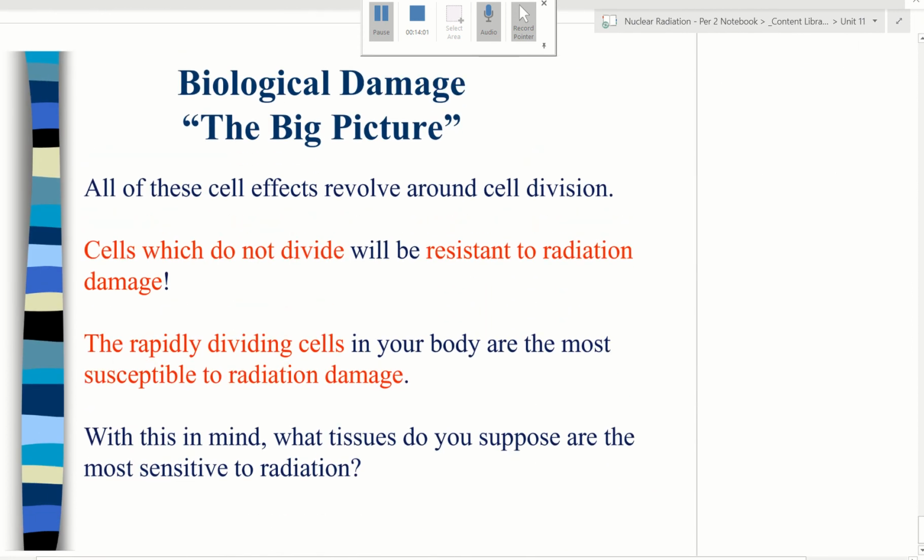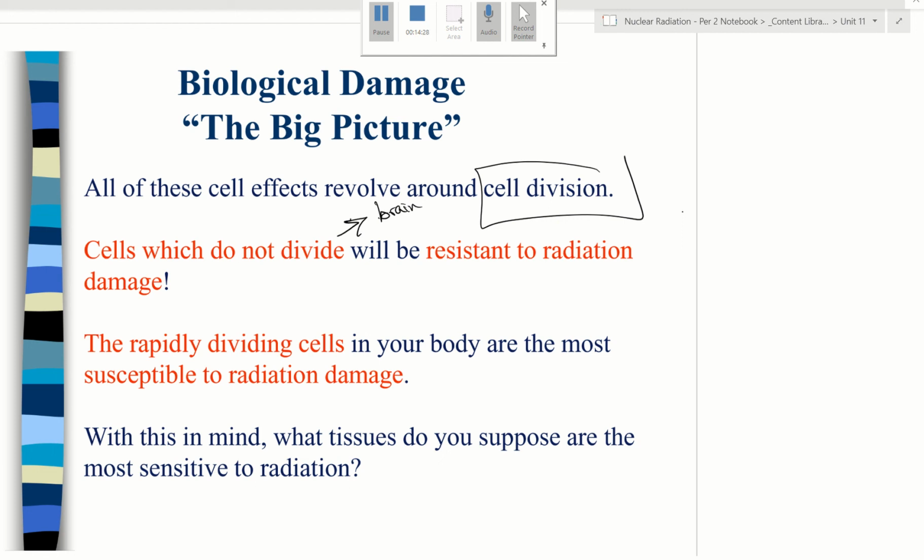So what's the big picture? Well, of all of these cell effects, they all revolve around cell division. So cells that do not divide, such as the brain, right? The brain cells don't divide very quickly, so therefore large doses of radiation to your head would probably cause you almost no damage.